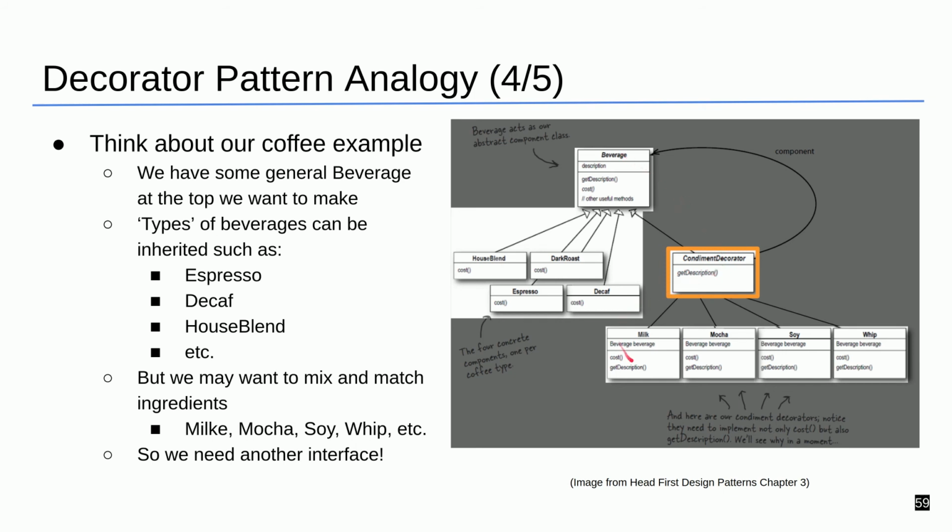And this can then describe, or rather, let me be clear that this is a component inside this beverage, that you have different condiments that can go on the beverage of milk, mocha, soy, and whip.